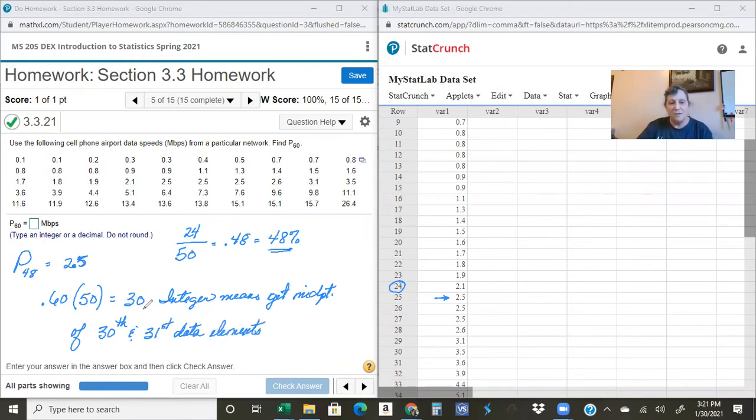If this is a decimal, just go to the next element higher, and that's the answer.